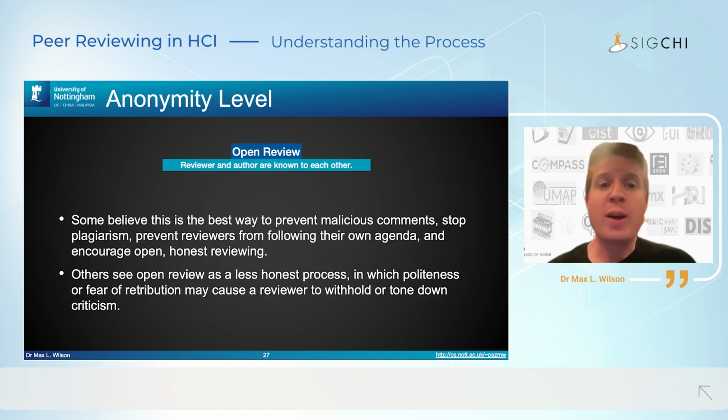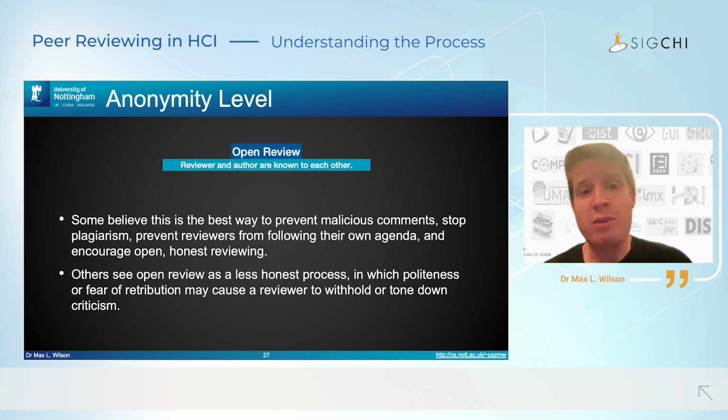The third type of thing you might sometimes see is open review. With open review, everyone is known, no one is anonymous. People believe this is the best way to avoid, for example, malicious reviewers, because you can't hide behind anonymity, and it encourages everyone to submit work they're proud of because the authors are known as well. They're not submitting work that isn't quite finished, because it's visible to everybody who it's from.